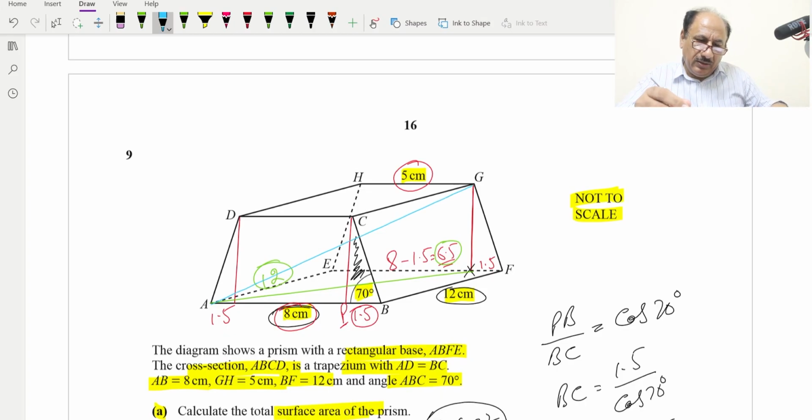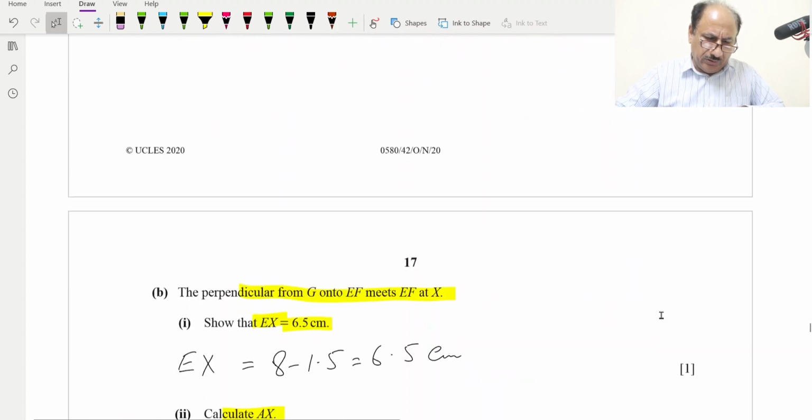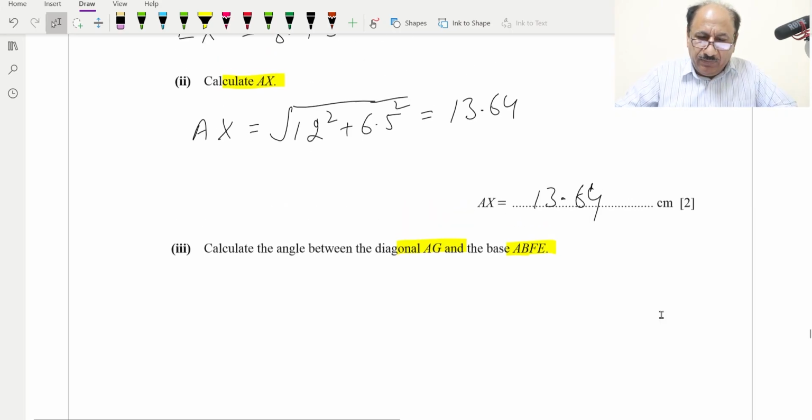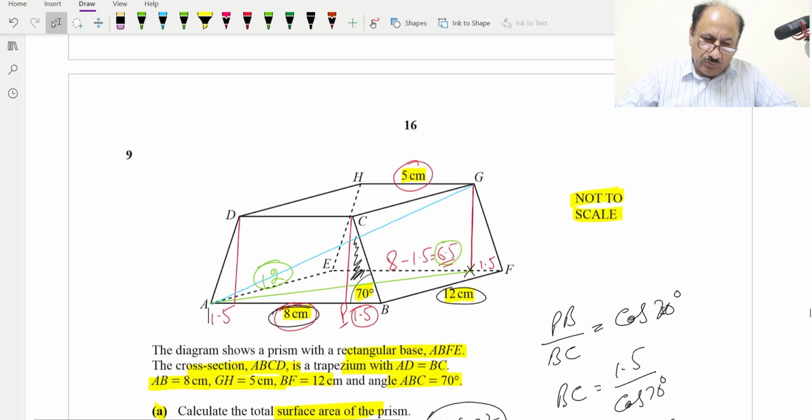This is the diagonal, and we have to find, we'll go through again the question. It is saying calculate the angle between the diagonal AG and the base ABFE. So this one.